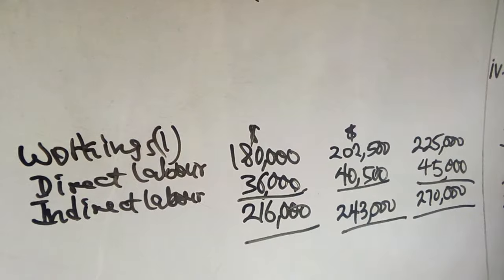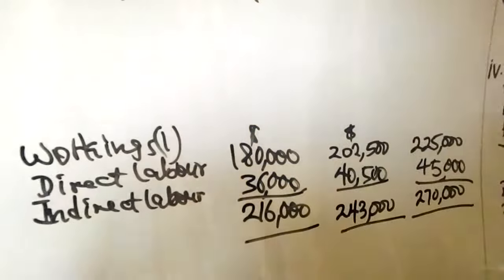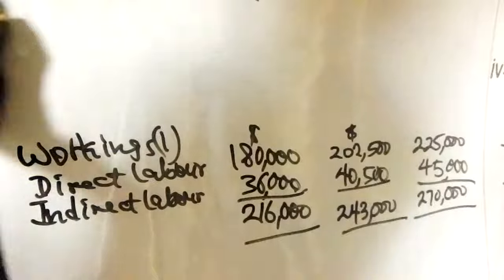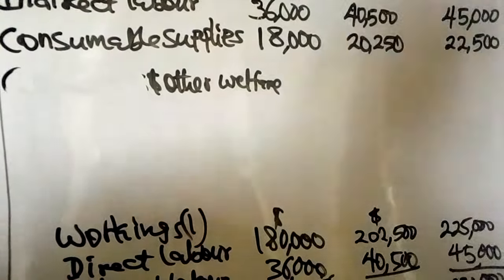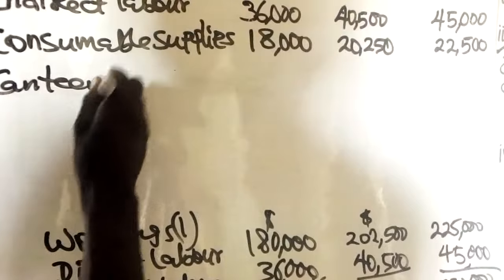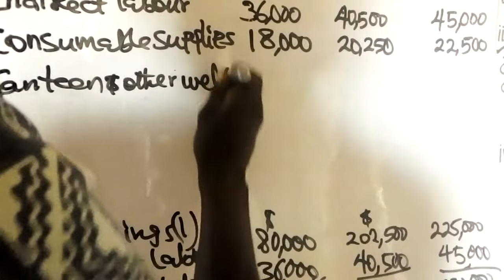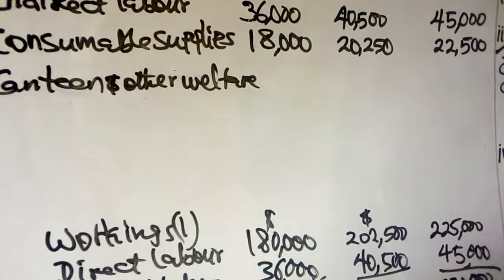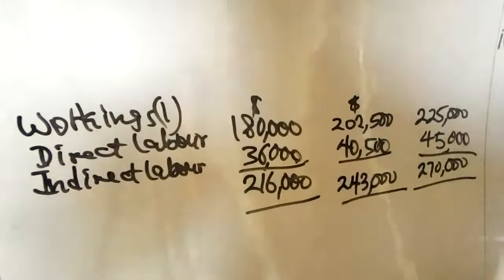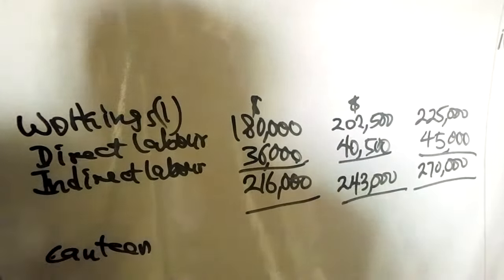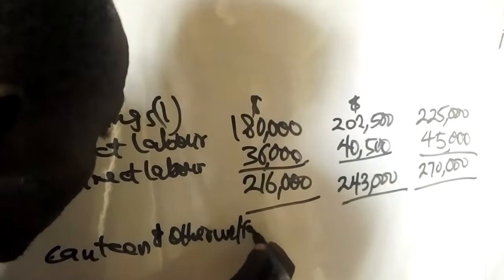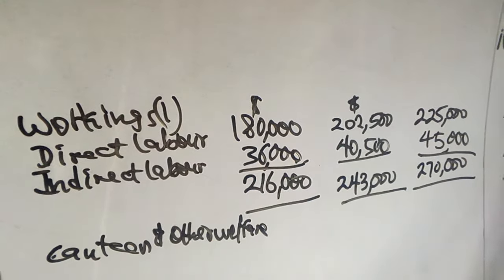So the amount that will be charged as canteen and other welfare service, we were told, is 6% of direct and indirect labor.